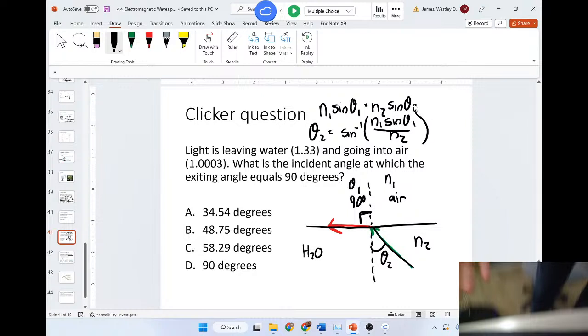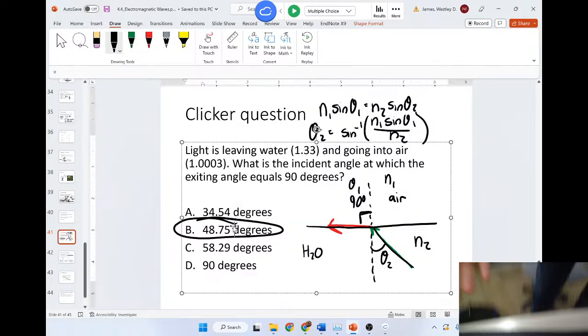It's the exact same equation. You just plug in 90 degrees instead of 60 degrees. You plug all that in, and when I did this, I used 1 instead of 1.0003. So technically, if you use that 1.0003, the answer should be 0.77. None of them are any close to that.